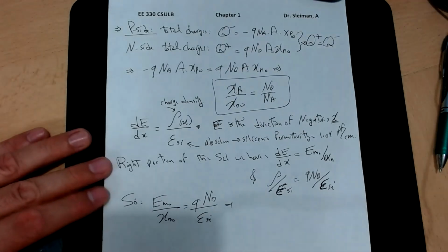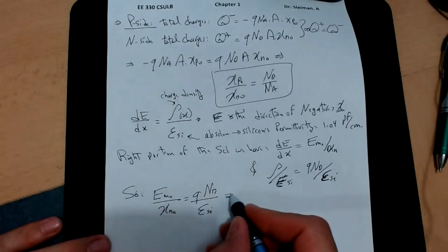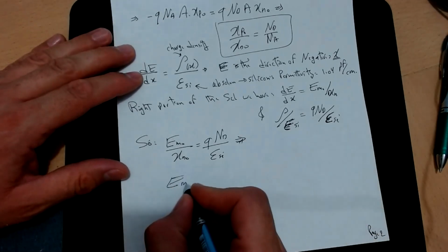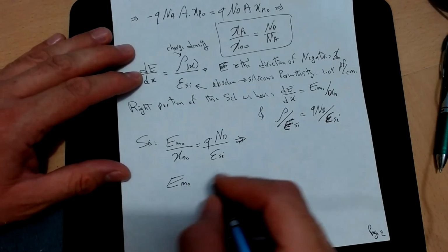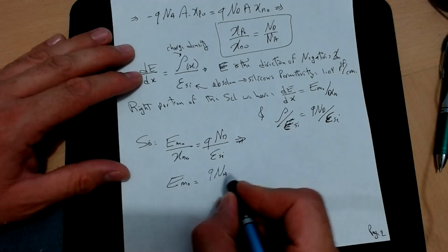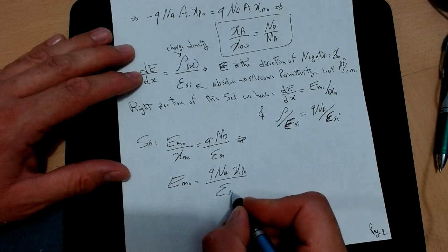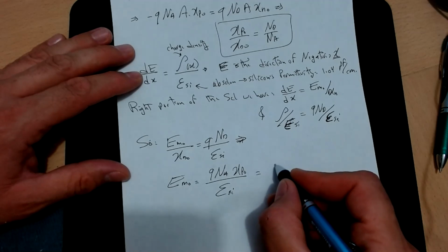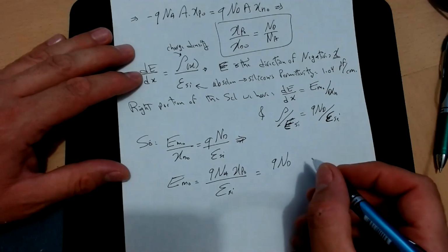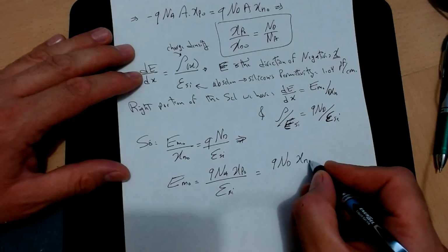So the final Em0 is equal to q NA xp0 divided by epsilon for the silicon, equal to q ND xn0 on the N-type.